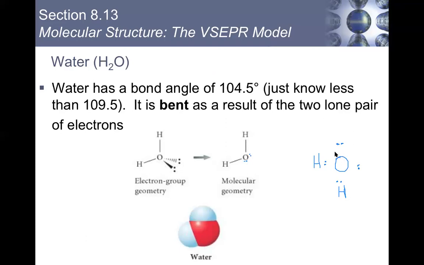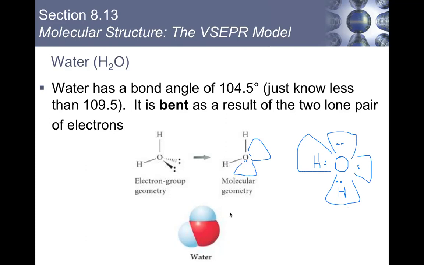Again, this is based off 1 domain, 2 domain, 3 domain, 4 domain. So it's still based off 4 domains, and these domains still take up space. As a result, they'll still push these 2 bonded pairs in a downward direction.